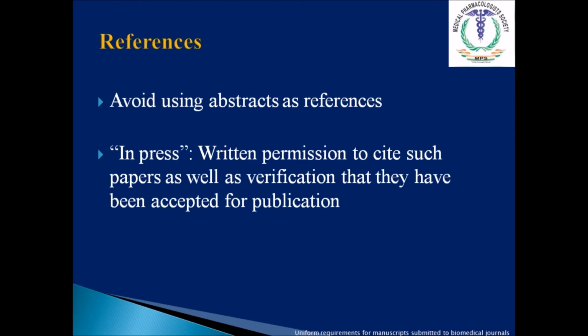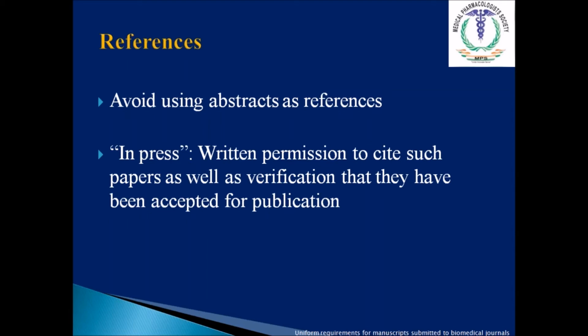Next. Another important thing is that as far as possible, we should not give abstracts as references. For example, some abstract has been presented at a conference and you want to put that abstract as a reference in your article. It may be okay to give an abstract from 1 or 2 years ago, but if the abstract was presented 10 years before and you're writing a manuscript today, you should preferably not give the abstract as a reference.